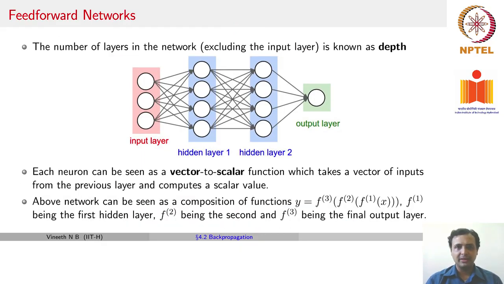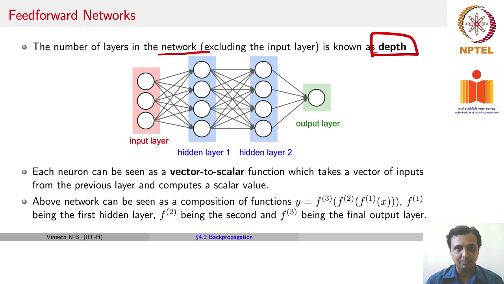The number of layers in the neural network is typically known as depth. Each neuron can be seen as a vector to scalar function which takes a vector of inputs from the previous layer and computes a scalar value.